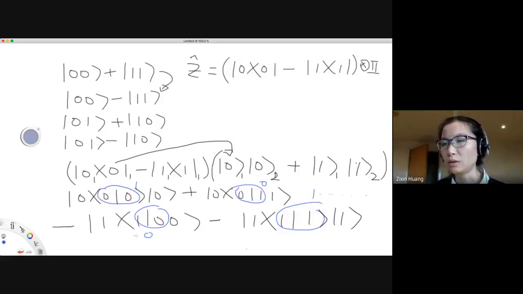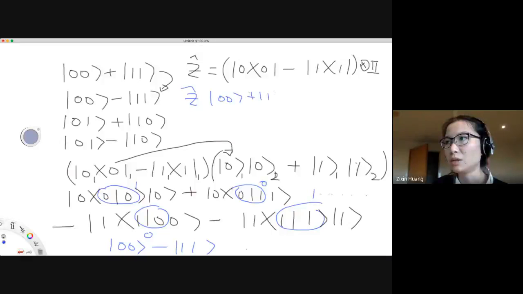So what you end up with is 0, 0 minus the 1, 1, as we wanted. So when you act the Z operator on the 0, 0 plus 1, 1, you end up with 0, 0 minus 1, 1.